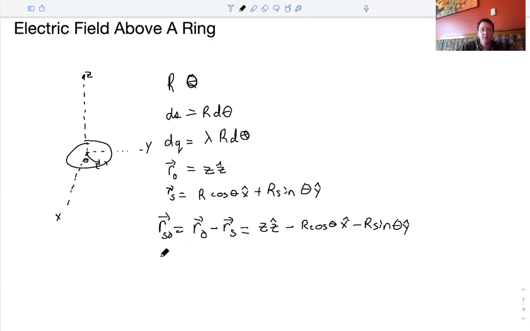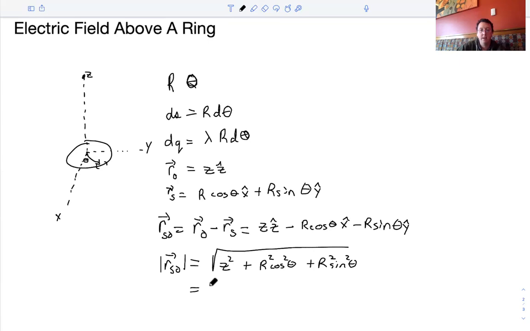We can work out the magnitude. So I take the square root, and it's going to be the z component squared plus the x component squared plus the y component squared. And using the Pythagorean identity, this is z squared plus r squared.